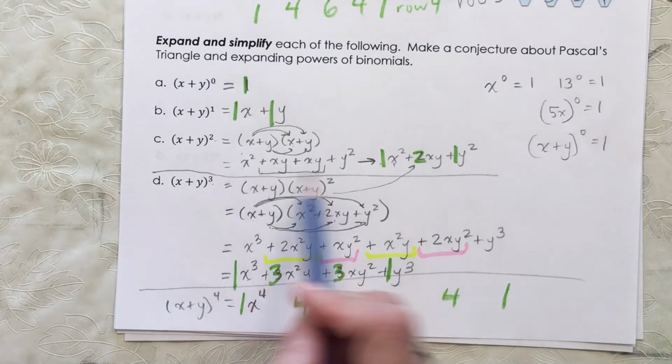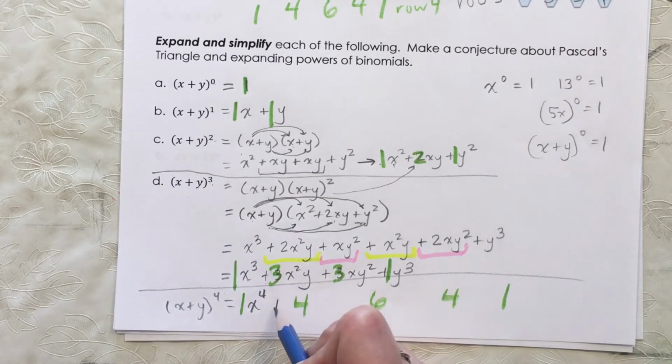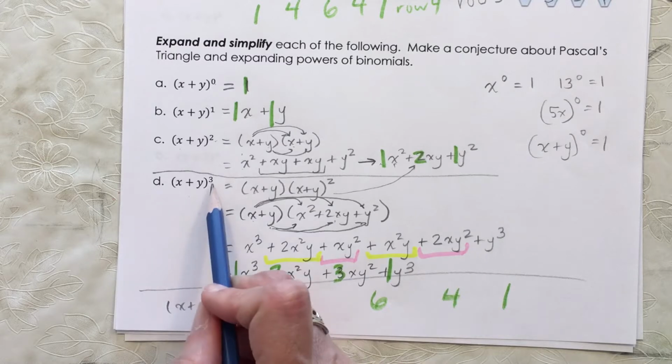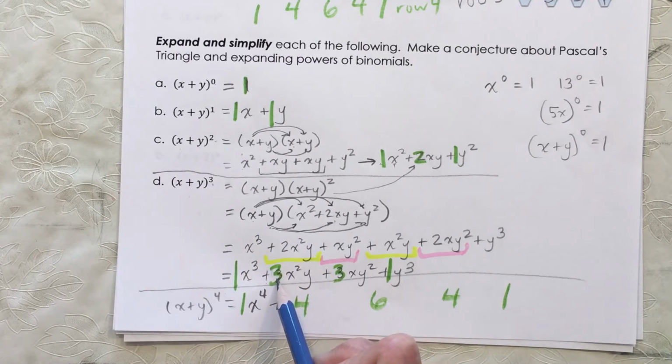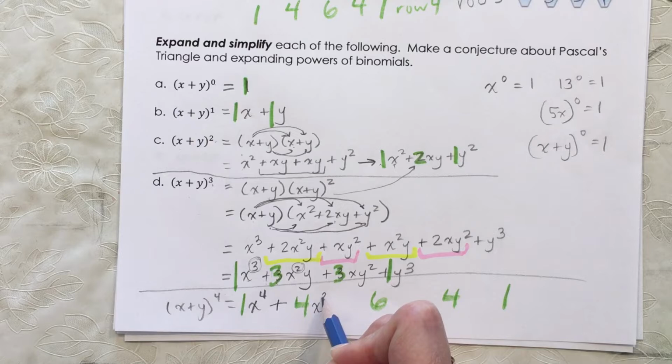We're adding them each time because it's x plus y. So plus. Here we had a 3 because we were in row 3. That was our coefficient. But the exponent on the x went from 3 to 2. So we're going to expect here the exponent on the x to go from 4 to 3.